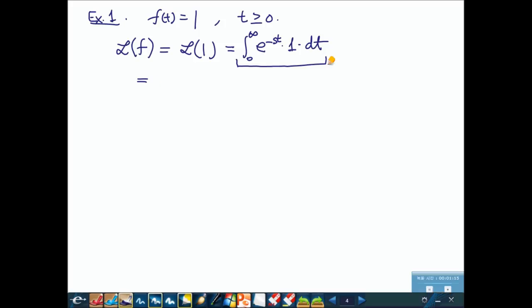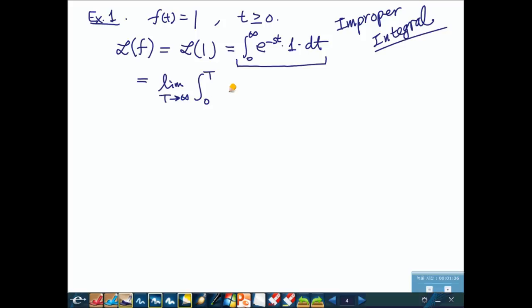Definitely we can do this calculation. This is an improper integral, okay? We can't do this integration in the normal way. We need a special way of limiting, as t goes to infinity. So from 0 to t, right? We need a definite integral, so we rewrite this form.